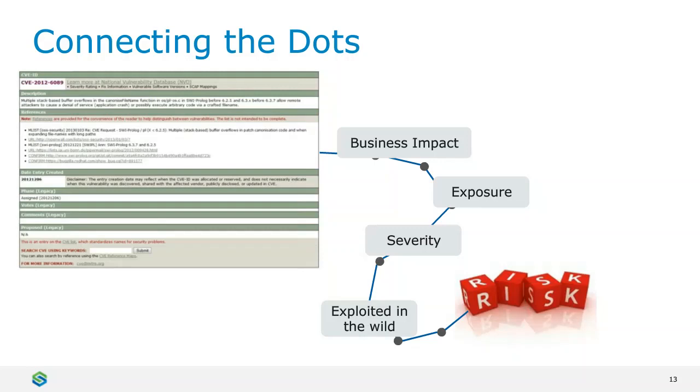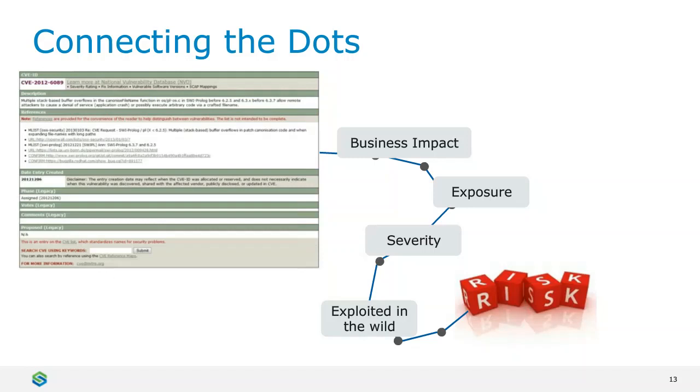So this is what Skybox really does: adding more context to that scan that a customer probably already has, but they've traditionally only ever used severity to understand what the risk is to the business, and that's the metric they use to remediate. Whereas there are many more metrics at play here that they need to consider.